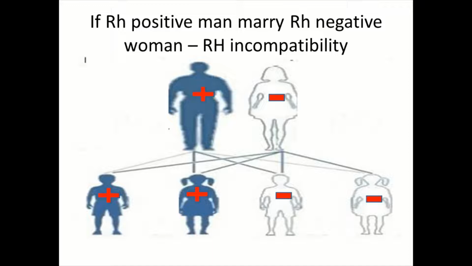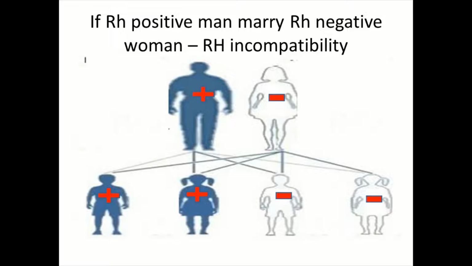Among offspring born Rh negative, because they have no D antigen and the mother has no D antigen, there will be no problem. The problem occurs among fetuses conceived with positive Rh factor.